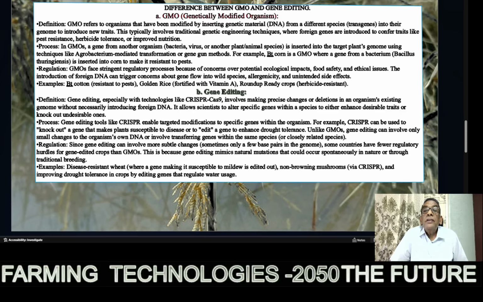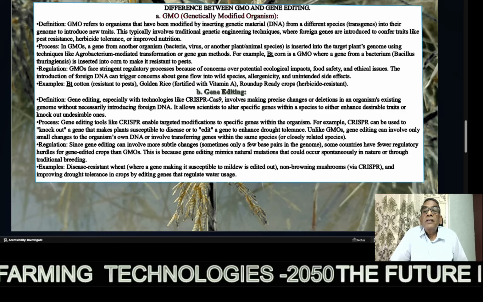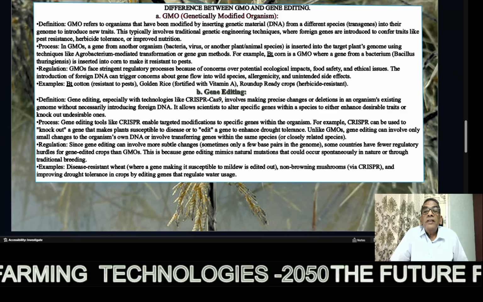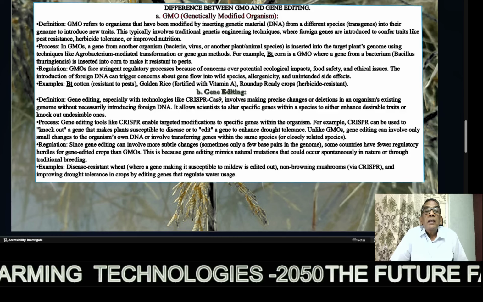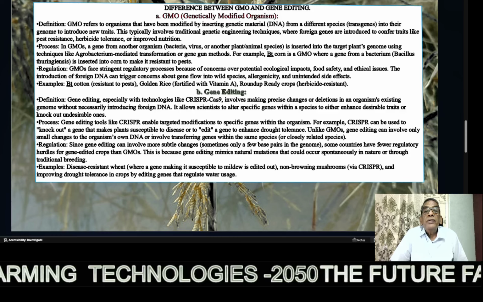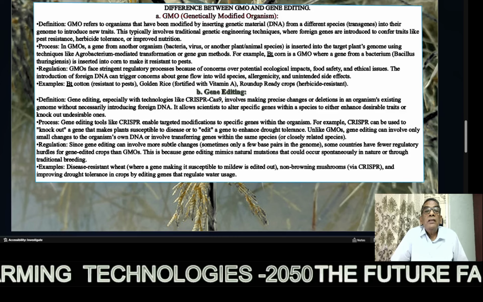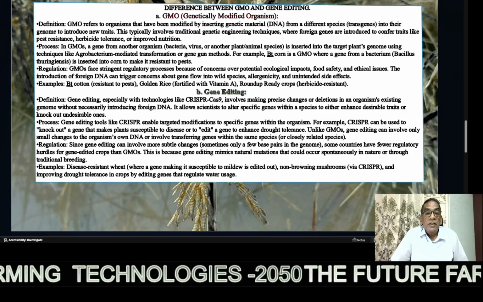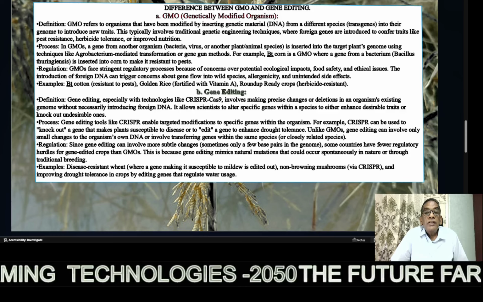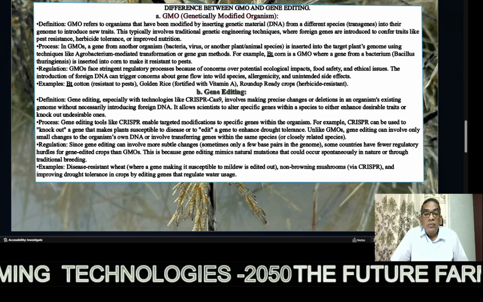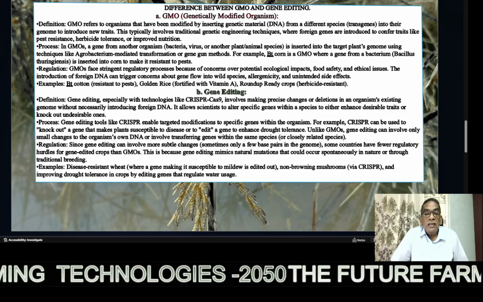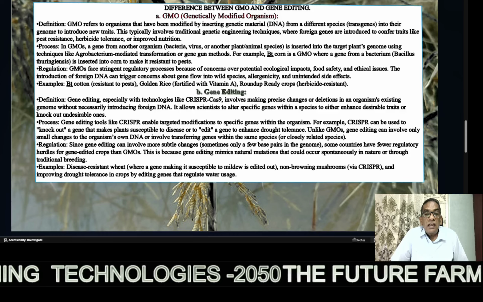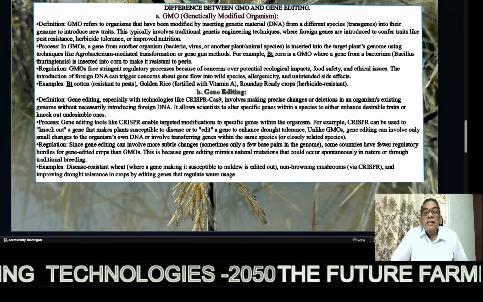These are two different gene modifications that can be done. But in the C4 rice, only gene editing is done to improve the yields under certain bad climatic conditions.